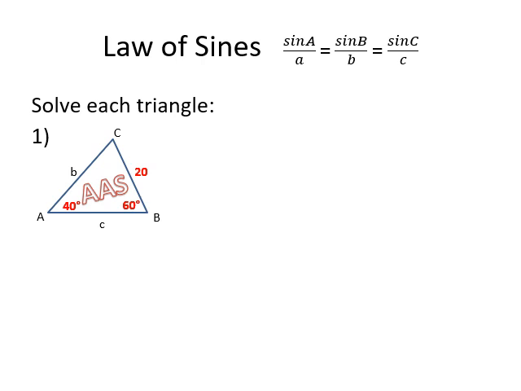In order to use law of sines, you have to have at least one pairing of an angle and an opposite side. So we either have to know angle A and its opposite side, or angle B and its opposite side, or angle C and its opposite side. We need one pairing in order to use law of sines.